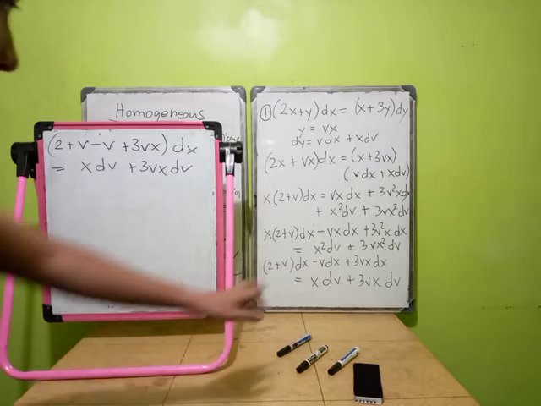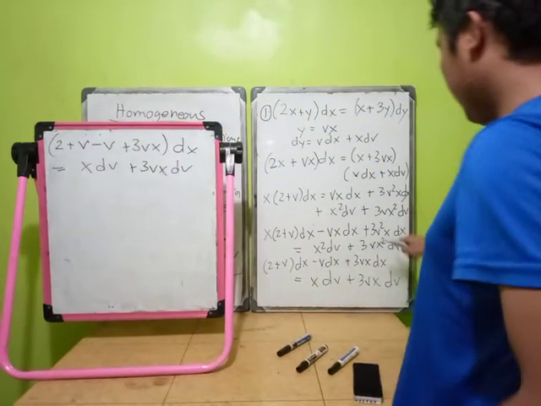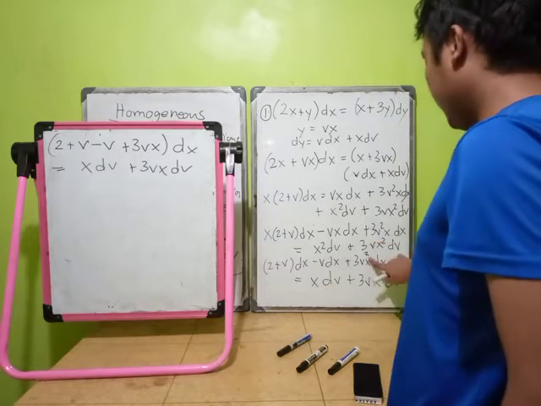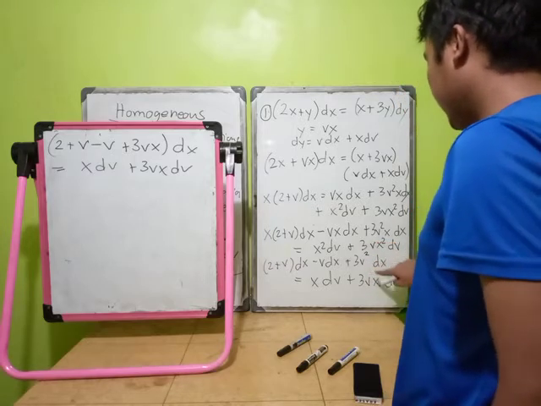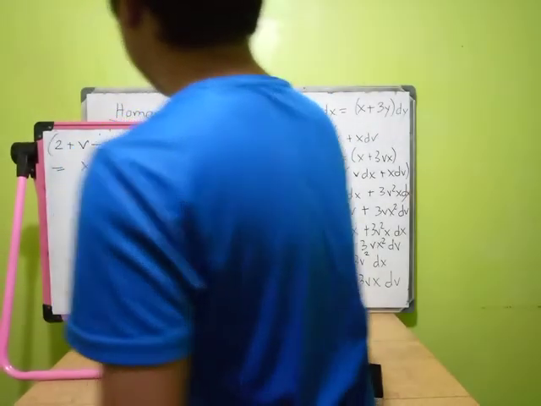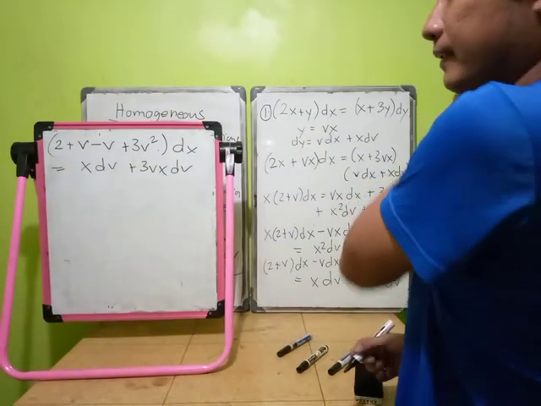Okay, so meron ba tayong nalimutan? Meron dapat tong squared. Okay, and then nawala dapat dito si x, okay? So this is 3v squared, okay? So makikita, okay? So ganyan.